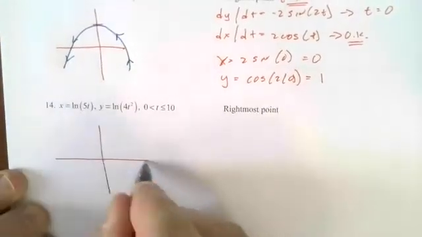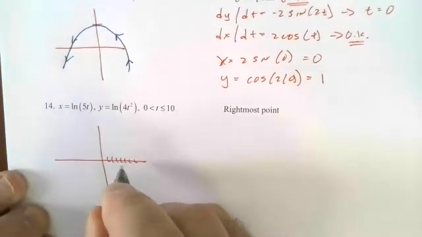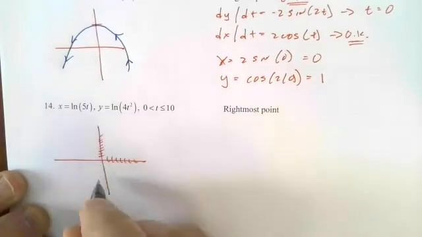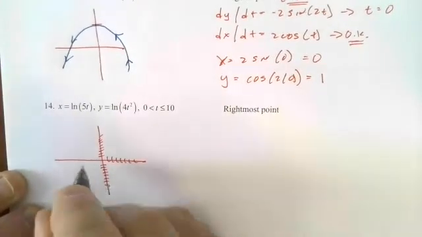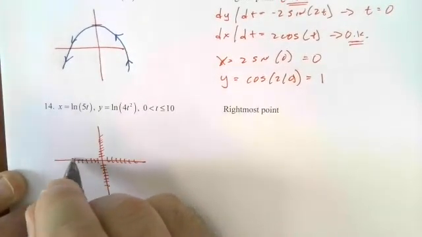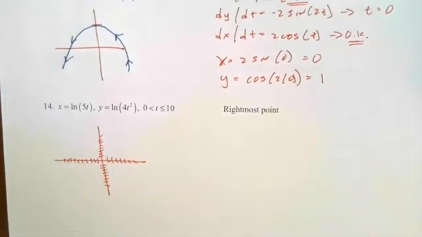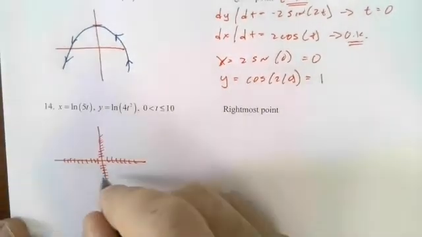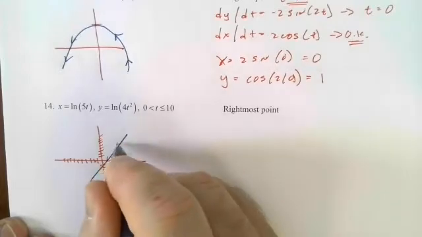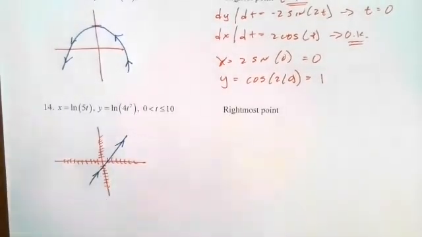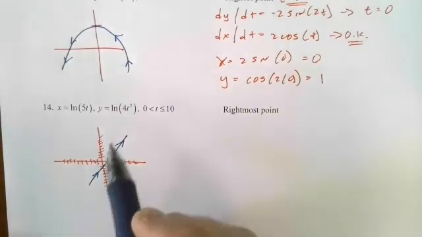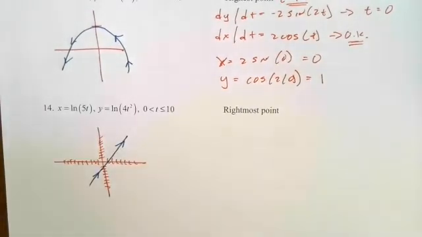Graph this one. Up we go. I don't see a min or a max, so I don't think we're going to have one. We're going to have to look at the endpoints, 0 or 10. Let's see what's going on here.